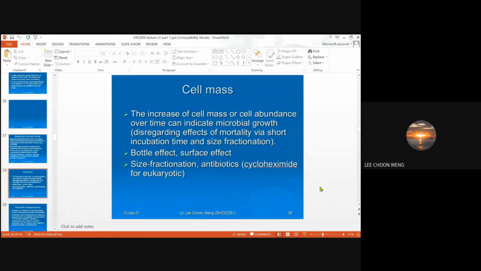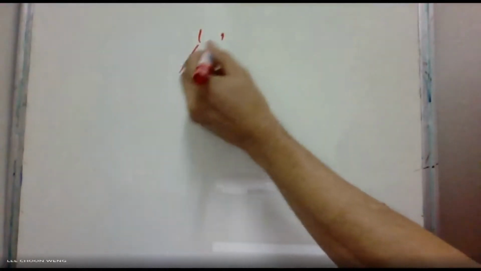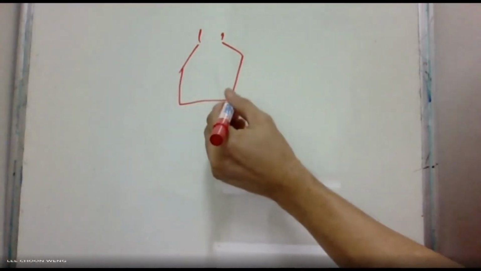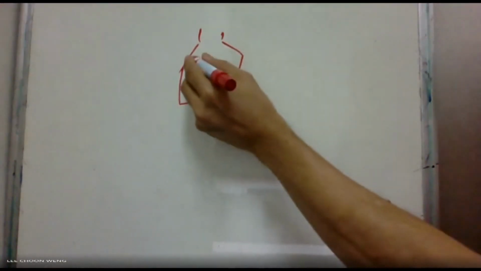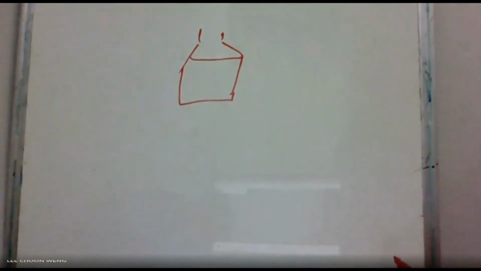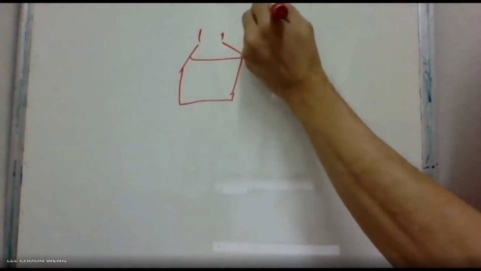When we talk about cell mass, we are looking at the increase of cell mass or cell abundance over time. This is to indicate the microbial growth. So incubation dependent essentially means you have to incubate your sample, and then you're looking at the cell mass change.